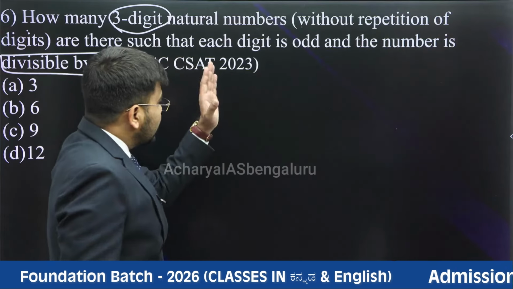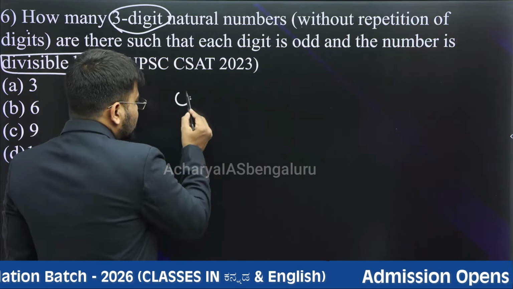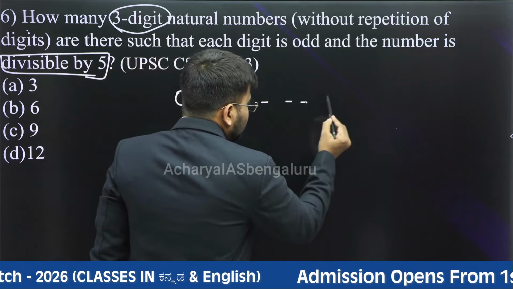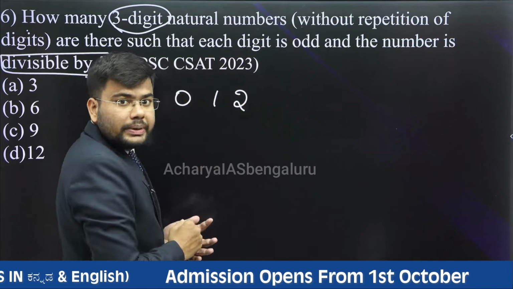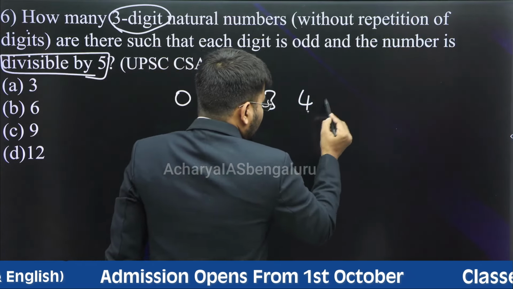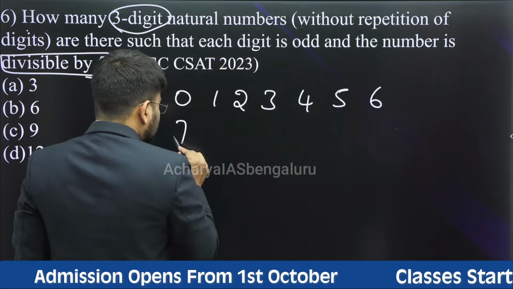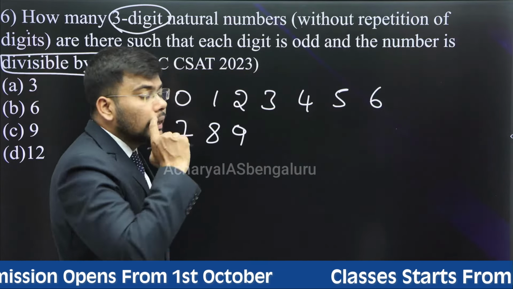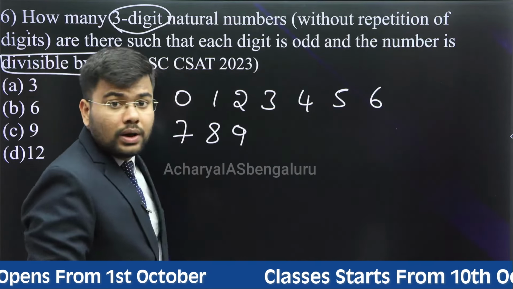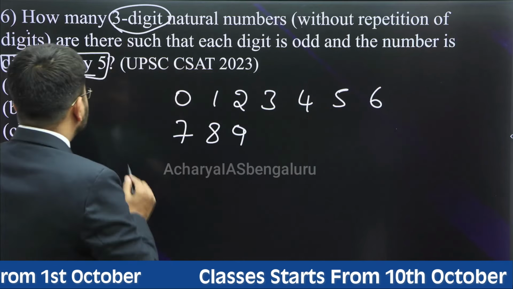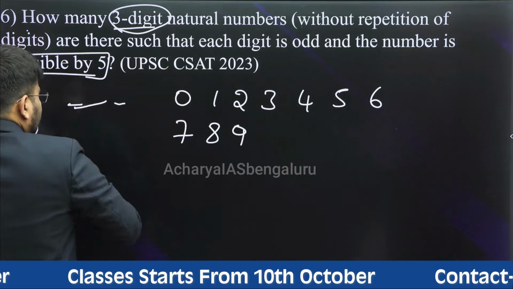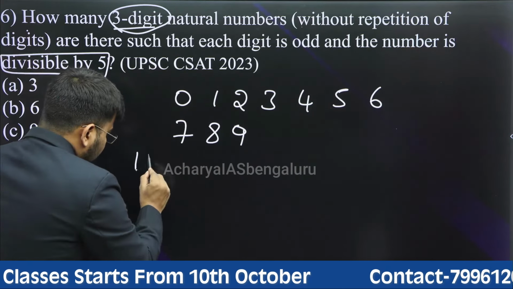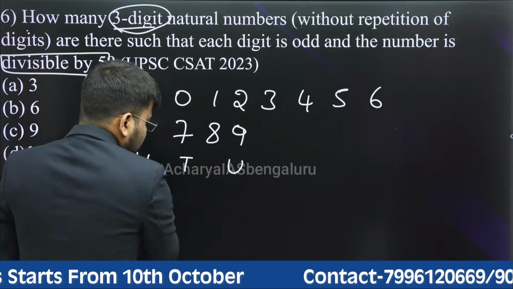So natural number digits would be from 0, 1, 2, and so on up to 9. So I'll write all the digits so that it will be easier for me to count. 3, 4, 5, 6, 7, 8, 9. These are the digits. Now I'll come to the condition, that is 3-digit: hundreds, tens, units.